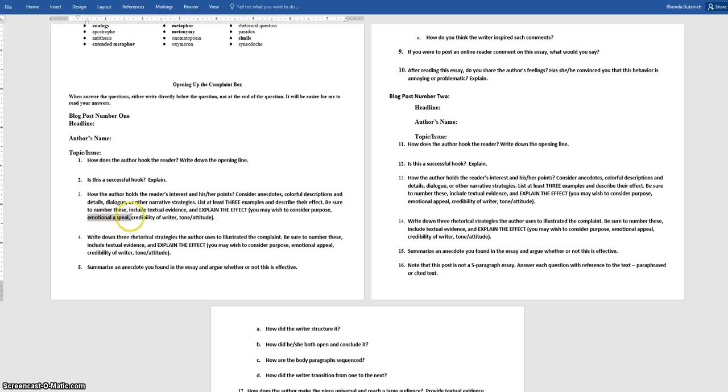Emotion: is he trying to make us feel something specific? You don't want to just say he appeals to our emotions. You want to say he appeals to a sense of humor, or he makes us feel guilty. Something very specific here. Credibility means do we trust him? And why do we trust this writer? People gain trust by being honest, by being educated, like writers know what they're talking about, and therefore we trust them.